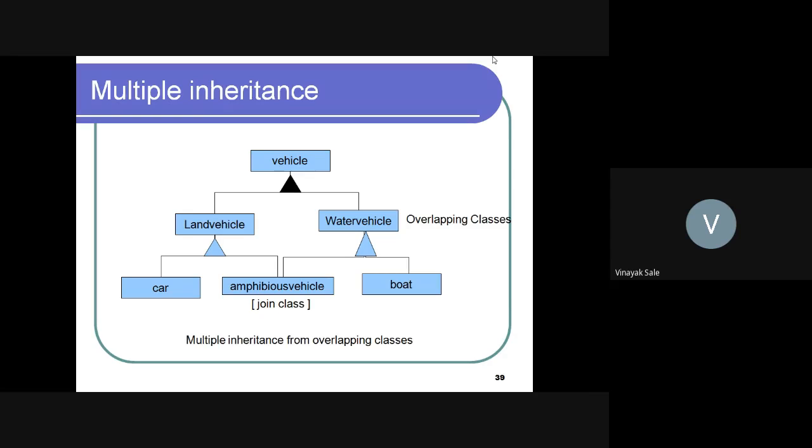Then water vehicle again has two types: amphibious vehicle and boat. Here the amphibious vehicle is a combination of two different classes, a land vehicle as well as a water vehicle, and this amphibious vehicle is known as a joint class, and it is derived from overlapping classes.